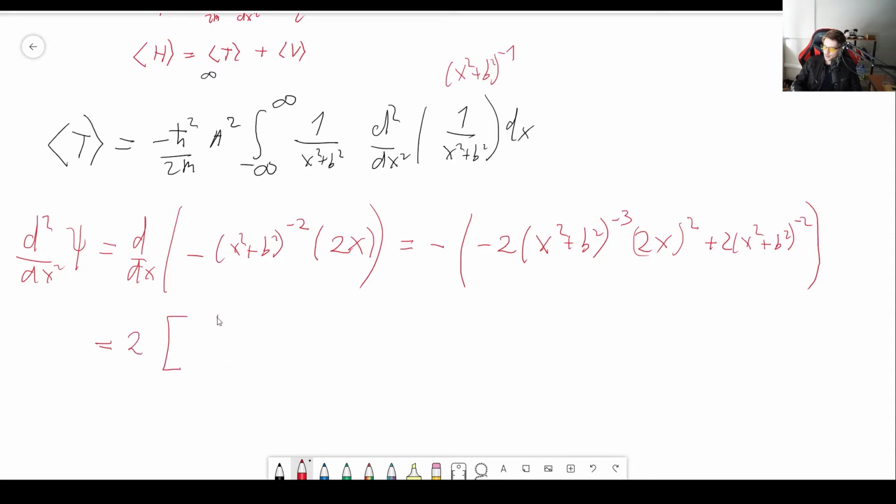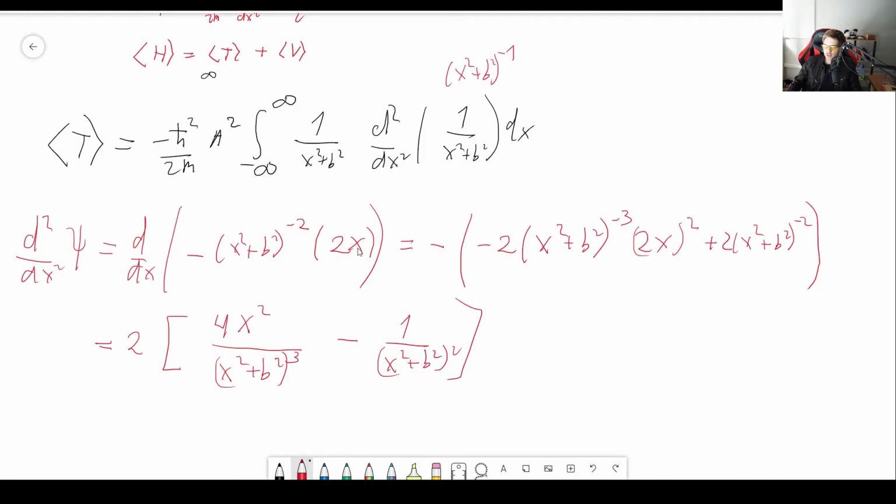And then we get 4x squared over x squared plus b squared cubed, and then minus x squared plus b squared. Whoops, that's my bad, I want to write this in the denominator. So 1 over x squared plus b squared, and this is squared. Okay, so this is the derivative.